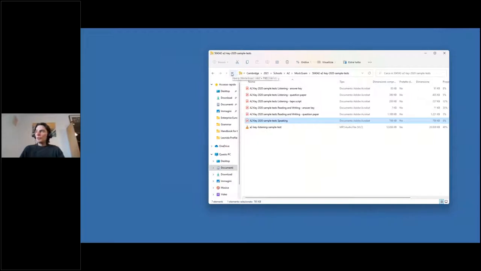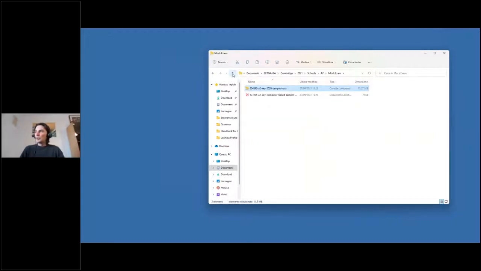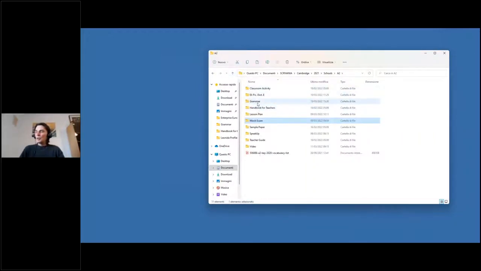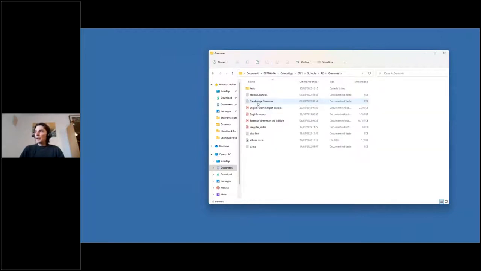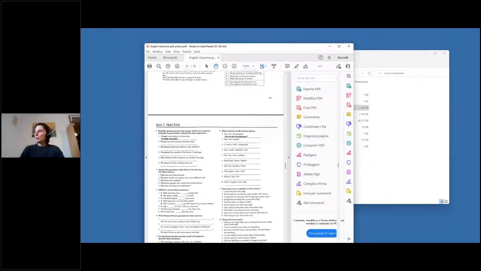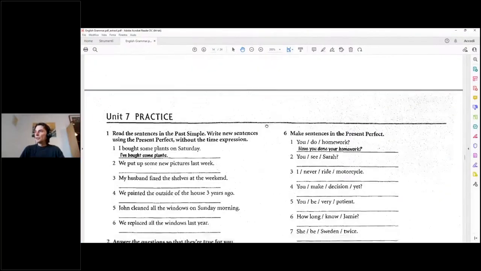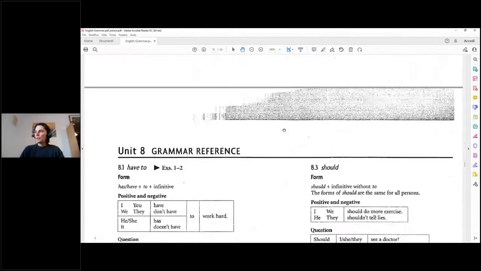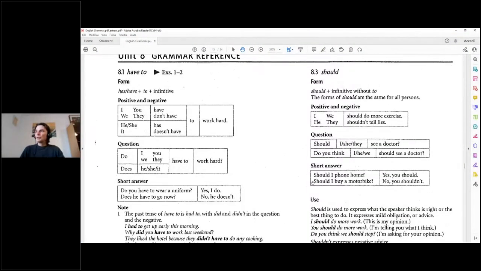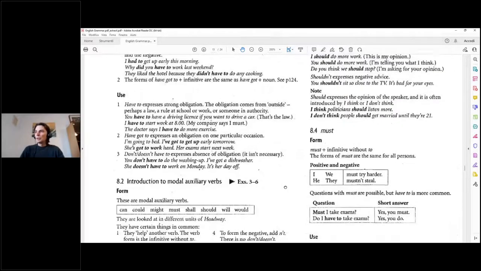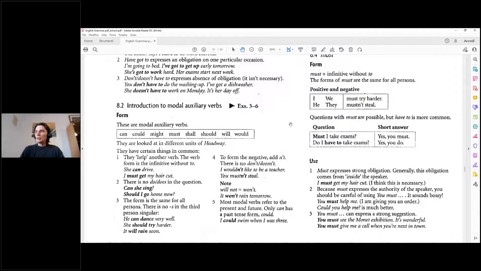But before we get started with our exams, we should take a look at grammar 8, if I am correct. Remember, last lesson we also covered unit 8: have to, should, and modal verbs can, could, might, and I gave you some exercises to do.